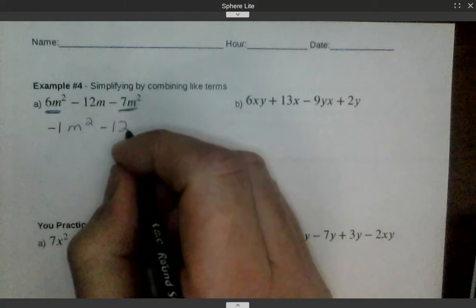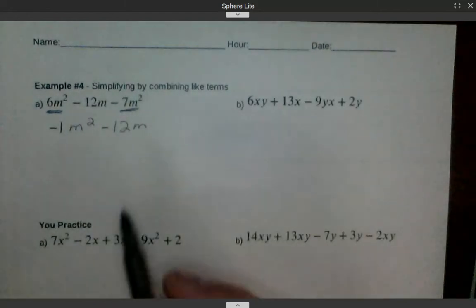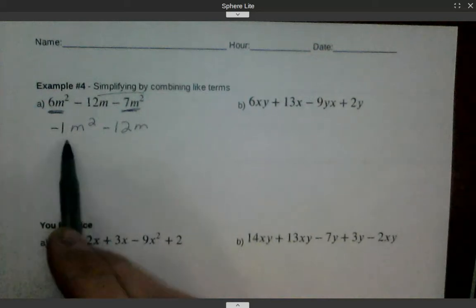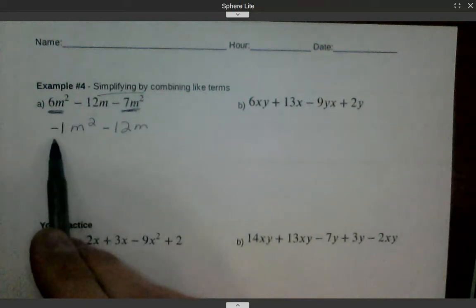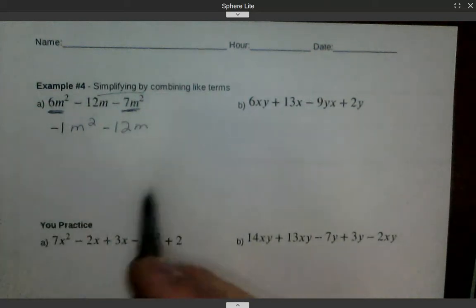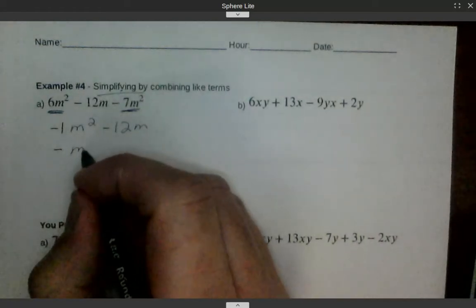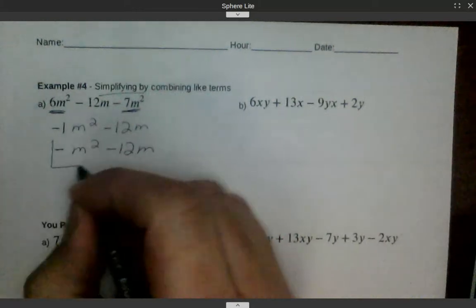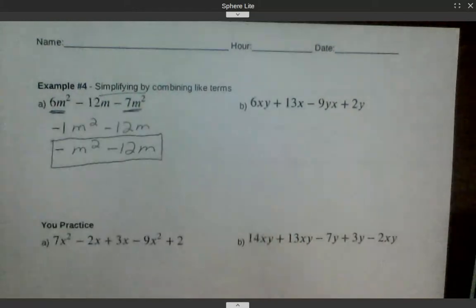Negative 12m cannot be simplified. Now, this is not simplified because we don't usually want to write the 1. We just want to say negative m squared minus 12m. This is the best answer that we can come up with.